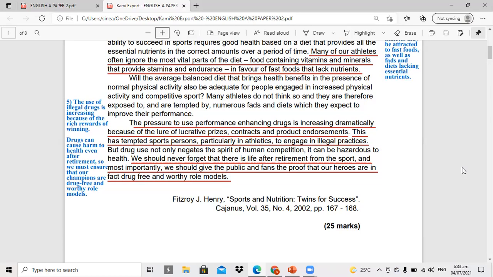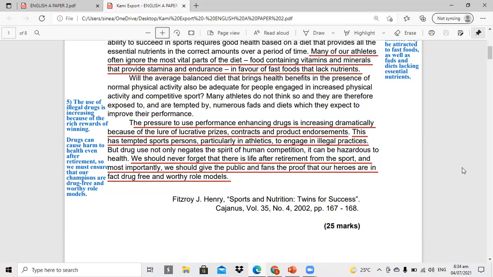So we can say the use of illegal drugs is increasing because of the rewards of winning. So the more people perform, the more prizes and the more riches that you can gain from performance, you find yourself getting an easier way out, which would be through performance enhancing drugs, right?